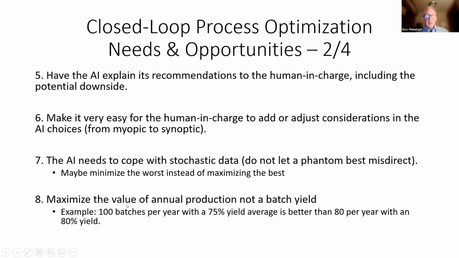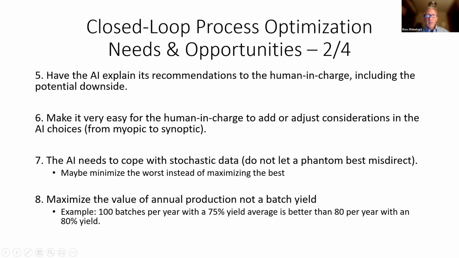And the last point on this slide is that we would like to maximize annual production metrics, not maybe a batch yield. So for instance, if we have 100 batches per year and the yield is 75%, this is actually better than if we can increase the yield to 80%, but in doing so slows production so that we're only getting 80 batches per year.